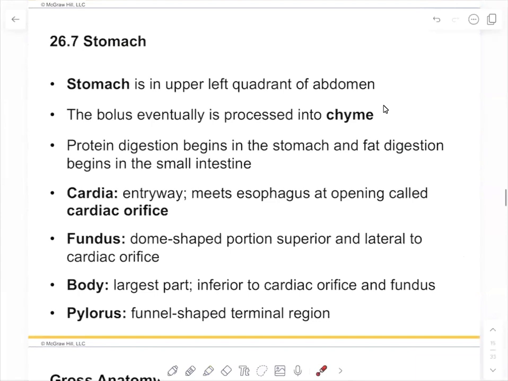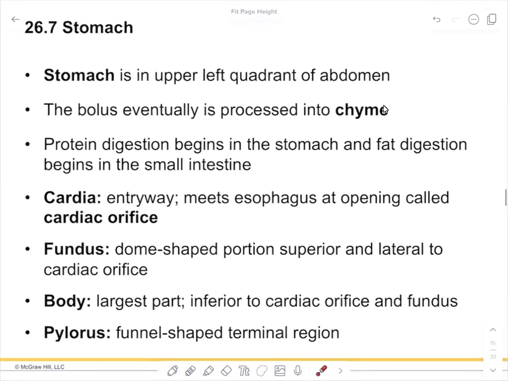The stomach is located in the upper left quadrant of the abdomen. This is where the bolus eventually is processed into chyme. Protein digestion begins here in the stomach, and fat digestion begins in the small intestine.